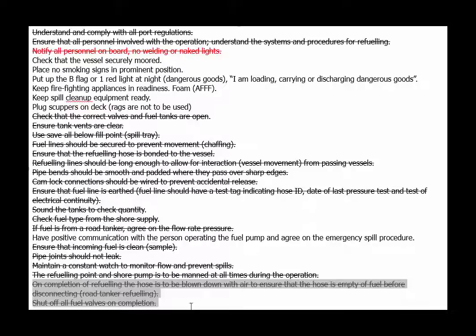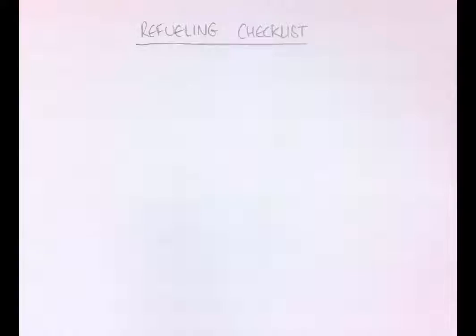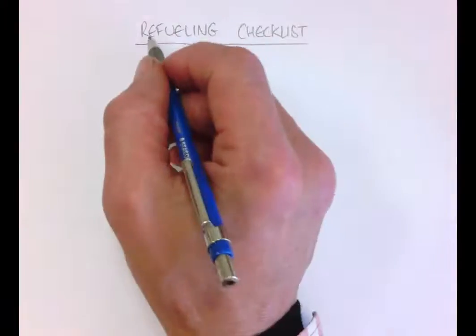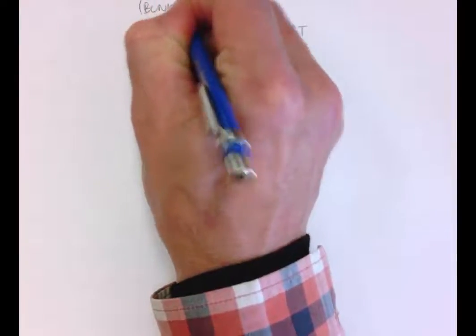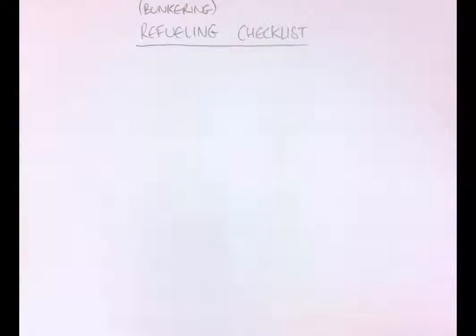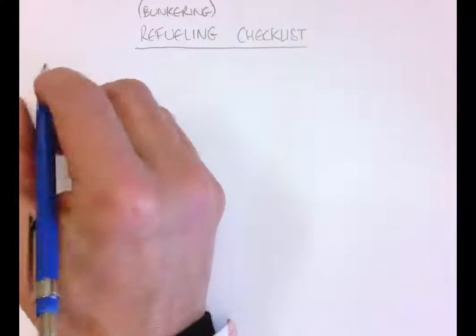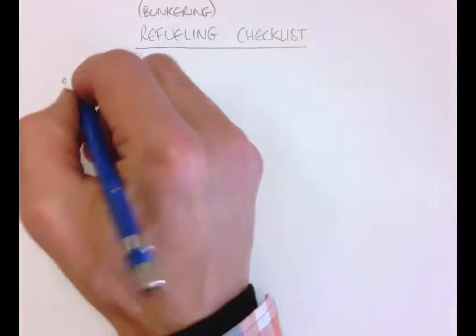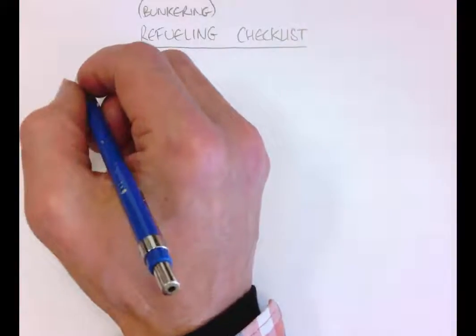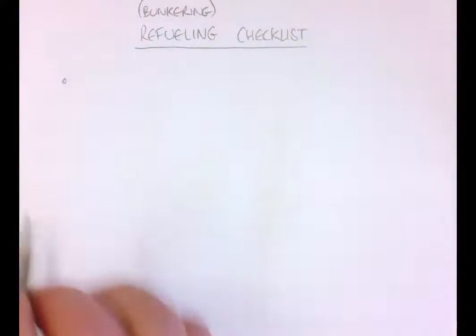But alright, so now we're going to write it up as our concise list. Incidentally, another word for refueling is bunkering. You may have heard that term before. Bunkering or refueling. Okay, so let's go through our checklist of the textbook answer, things we need to be able to say in orals or exams.